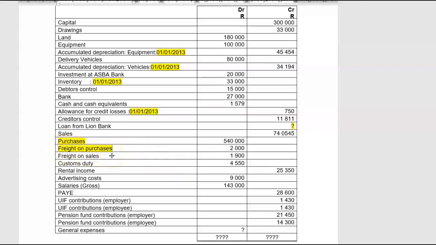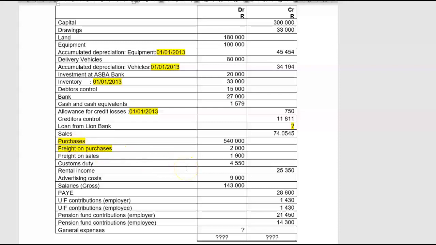And it's only at year end that these little in-between accounts like freight charges, delivery charges, import duties, all those kinds of account balances, will be transferred to purchases, and eventually it will end up as part of my cost of sales calculation in my income statement.